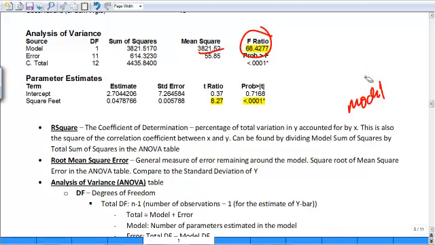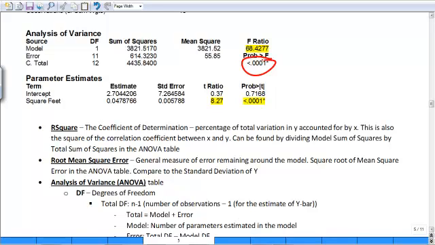Now keep in mind we can't evaluate an F ratio directly. It's hard to say what is large or small because it's based on the degrees of freedom. So we're simply going to take a look at the p-value. And again, what this p-value is telling us is, is this model significantly better than the model of the null hypothesis, no relationship between y and x?